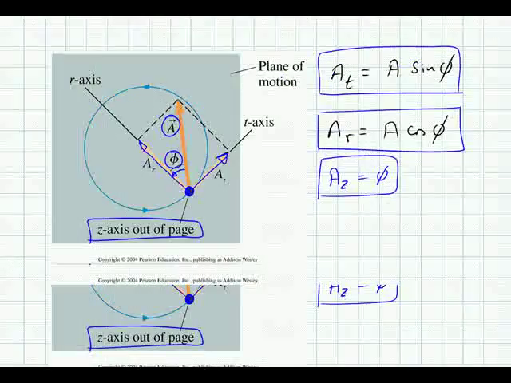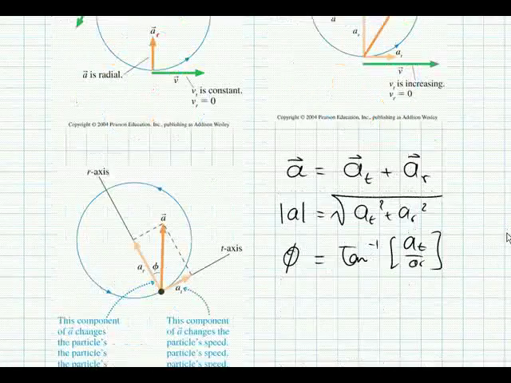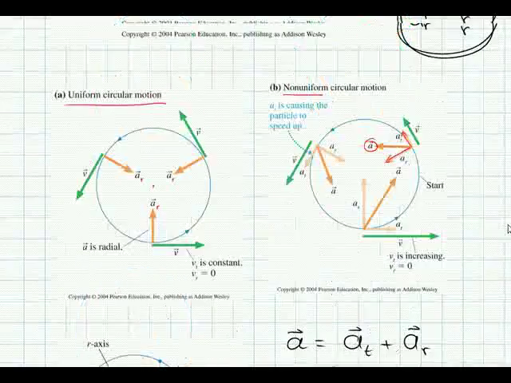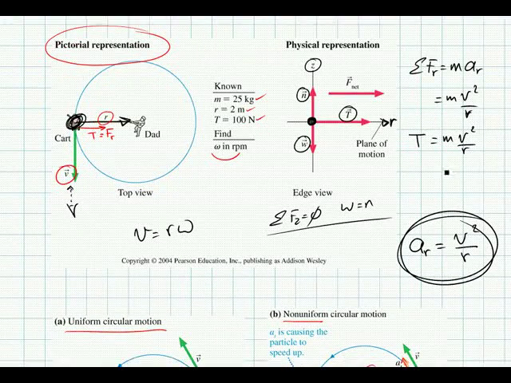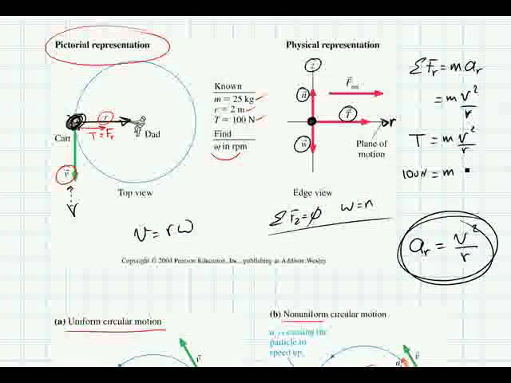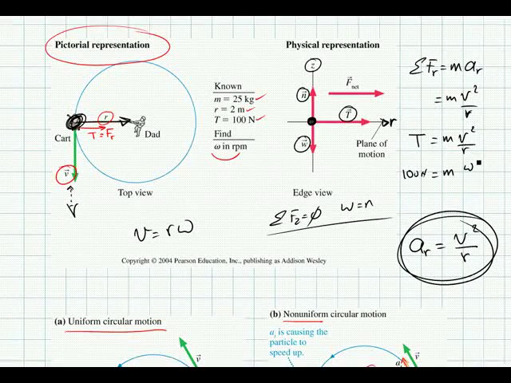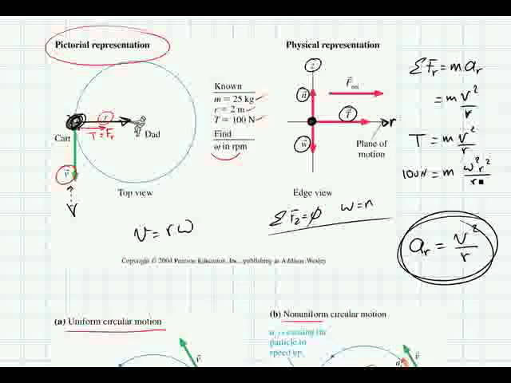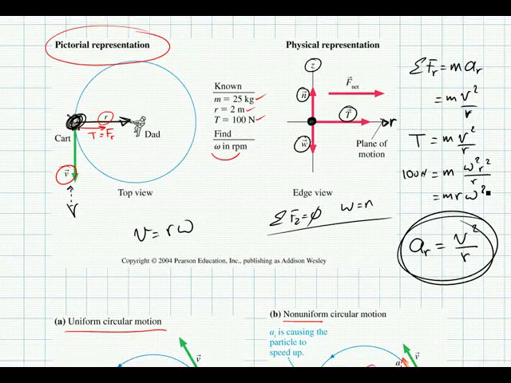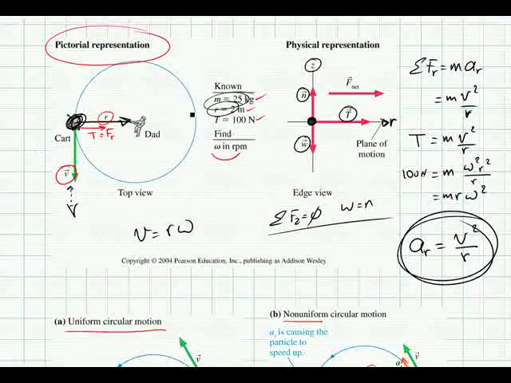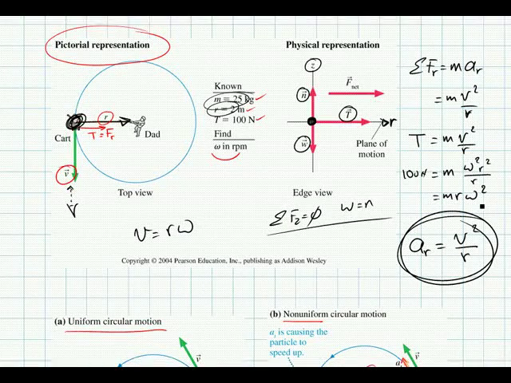So using v equals r omega, we end up with T is 100 newtons, so 100 newtons is equal to mass times omega squared r squared divided by r, which is m r omega squared. Okay, so m is 25 kilograms, r is 2, we know tension, so now you can calculate what omega is simply, just plug in the numbers.